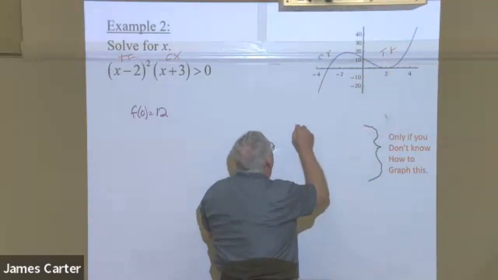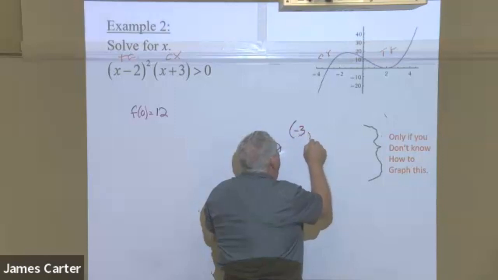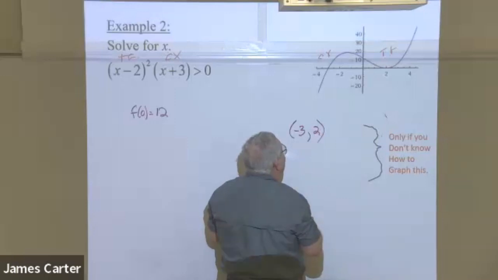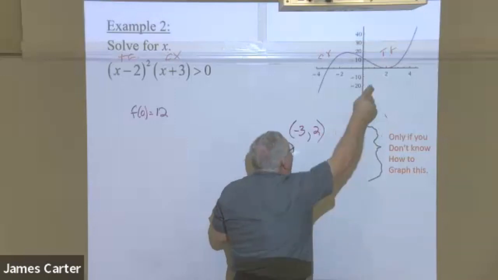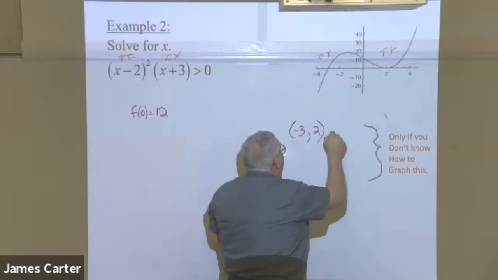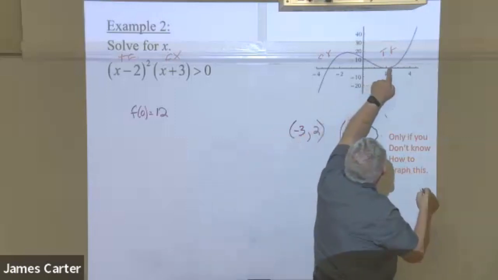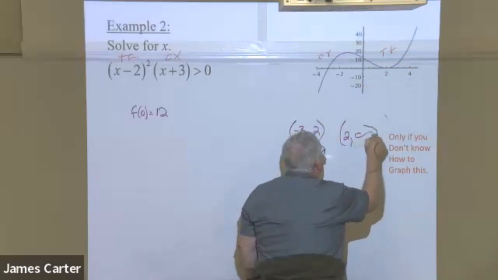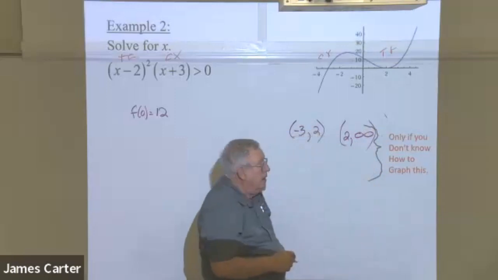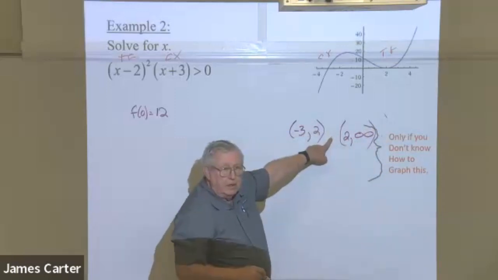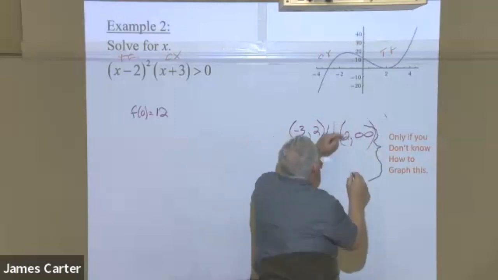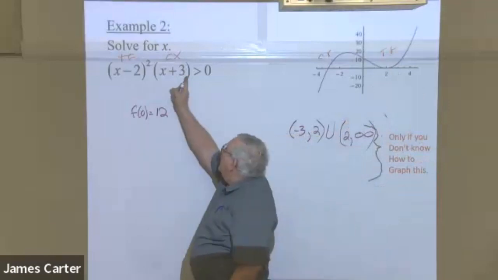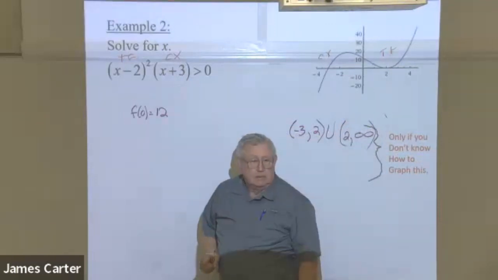So I would have non-inclusive -3 to +2. And then I'm going to have from here up, non-including +2 to infinity. What goes in the middle here? What is this union? It's that 2 that is on the line, and it can't be on the line. Okay?